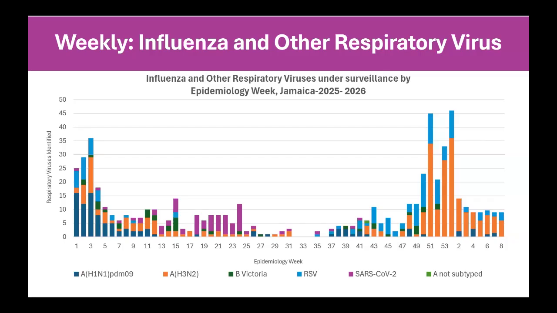Then the other area we look at is the viruses and numbers identified. So this is week on week, starting last year. So SARS-CoV-2, May, June, April, May, June. Then coming to the end of the year, we're seeing influenza, RSV, and then the latter part, influenza A, H3N2, which is predominating.